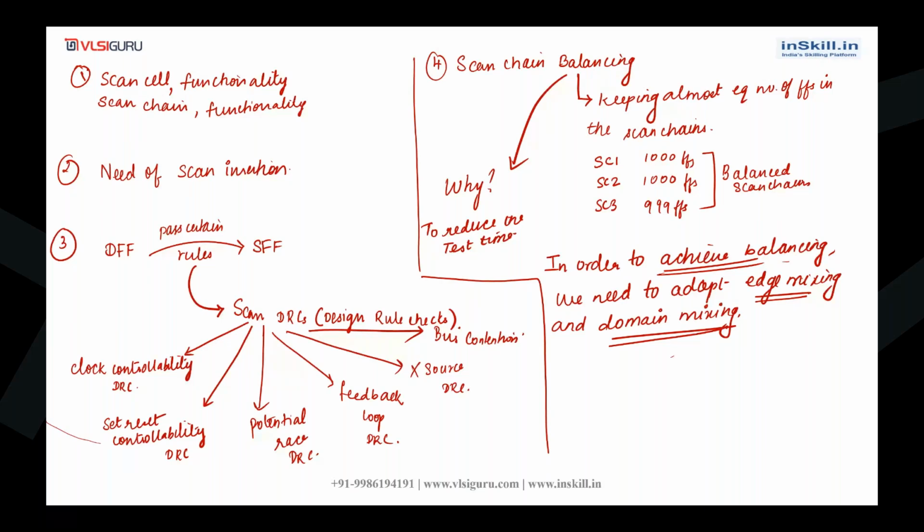Okay. So now we have seen that in order to achieve balancing, we need to adopt edge mixing and domain mixing. Now, if you adopt edge mixing and domain mixing, it will in turn introduce some more problems. So what problems edge mixing and domain mixing will cause, and what has to be the solution of the problem, we will try to discuss that.